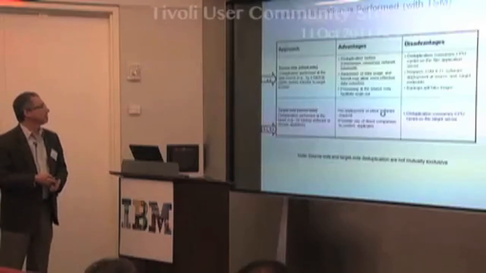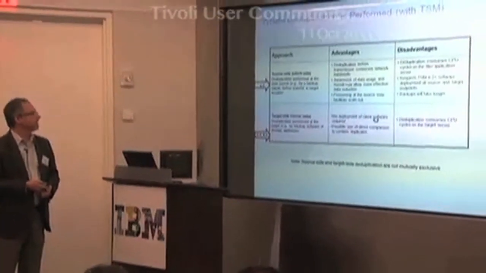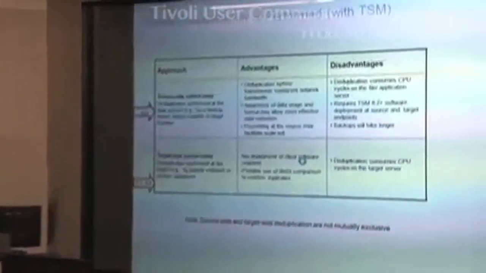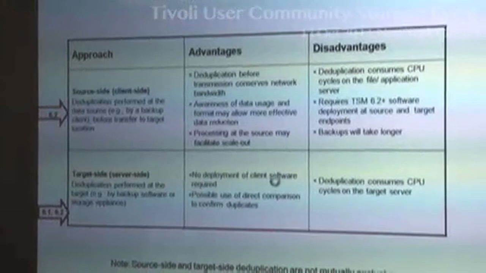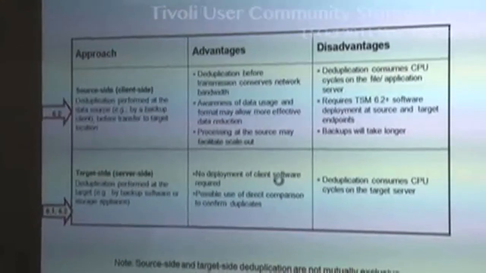So advantages, we covered this, right? Conserving network bandwidth. It's global on the client side. It does consume CPU cycles. Backups may take longer, that's one thing we've seen, because now you're spending time figuring out what's duplicate and what isn't.